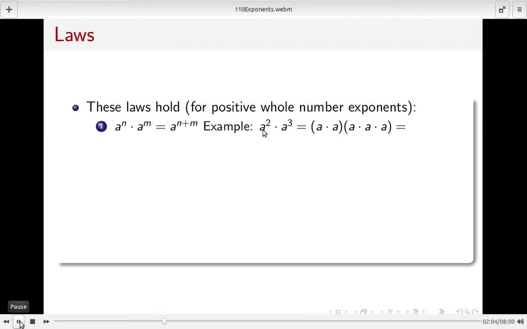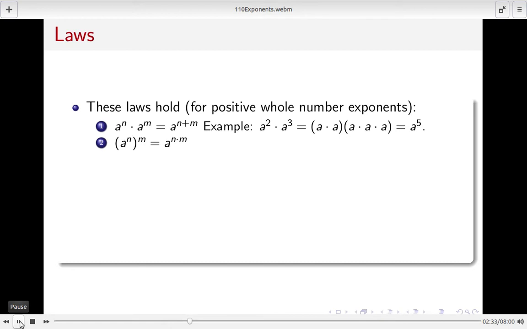All right, a to the second is shorthand for multiplying two factors of a, and a to the third is shorthand for multiplying three factors of a. Now if we count the total number of a's that are multiplied here, we have 2 plus 3, which is 5, and the shorthand for multiplying 5 factors of a is a to the 5th.